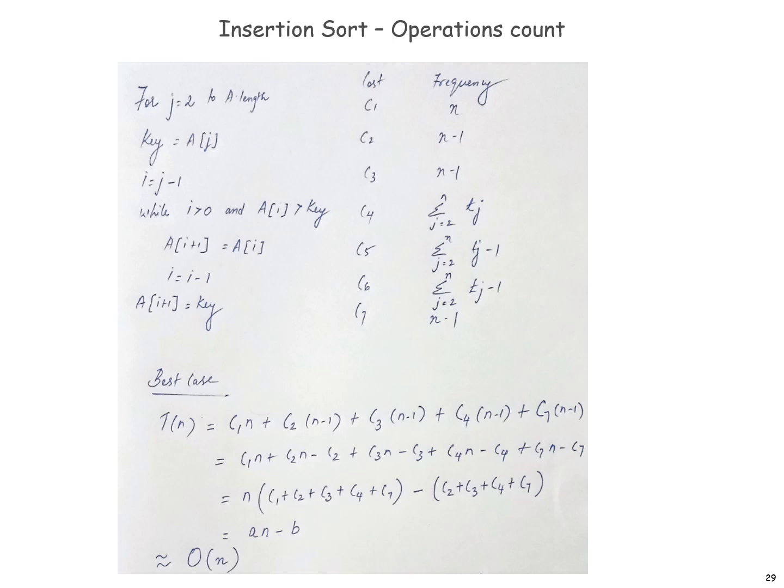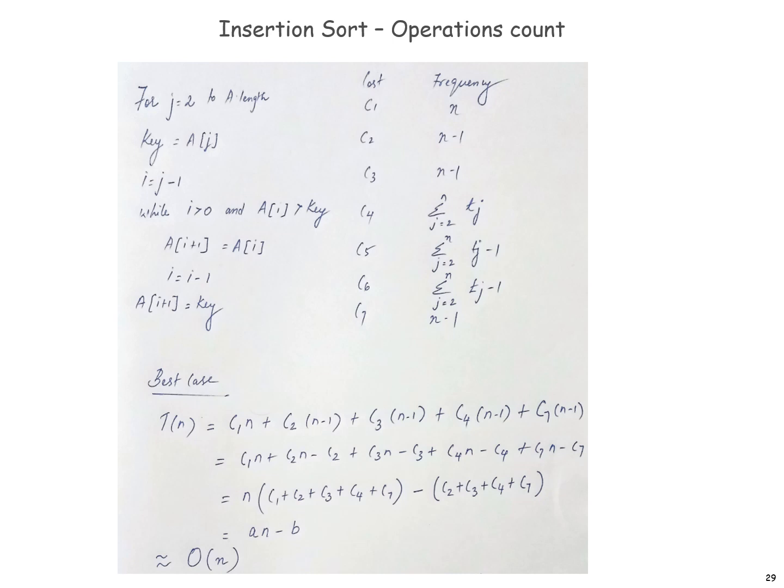Every executable statement may be executed 1 time, 2 times, or n number of times, depending on whether it is in a loop or not. So we are going to identify the cost and frequency of each executable statement, multiply them, and finally make a summation and identify the order.